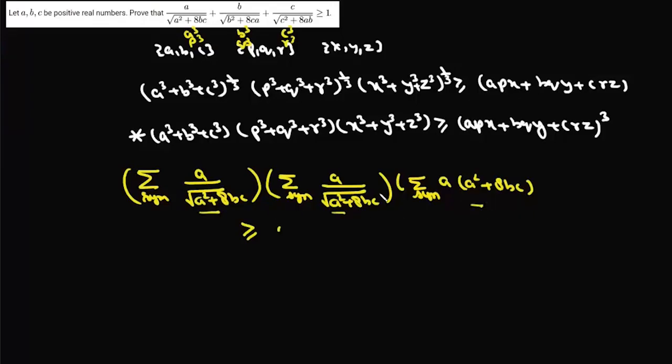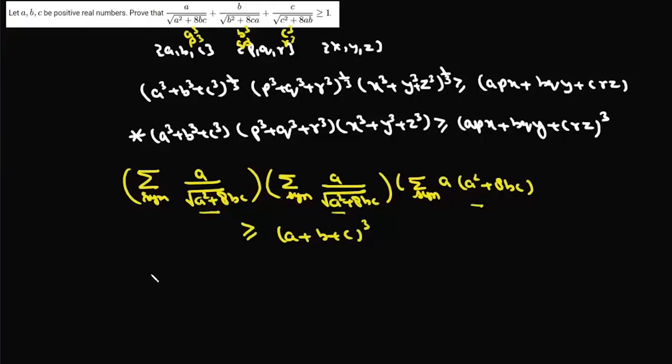So if we multiply them, we'll get A cube, P cube, X cube. Now A square plus 8BC will cancel. We'll get this as A cube. So value of APX will be simply A. So it will be greater than or equal to (A plus B plus C) whole cube.